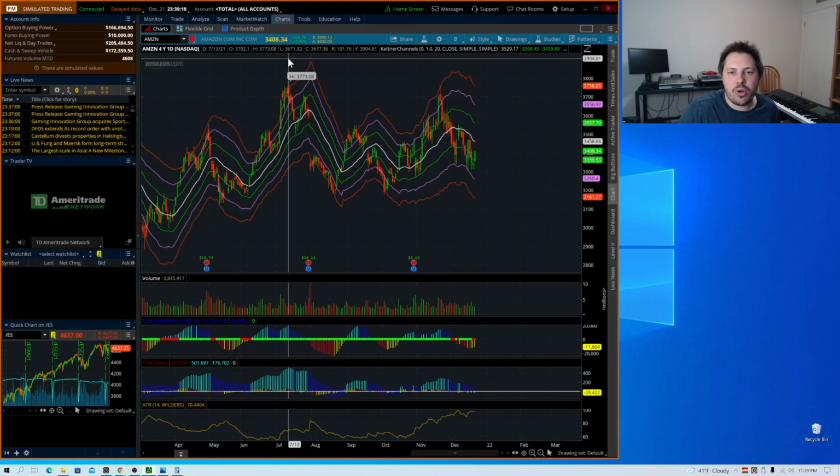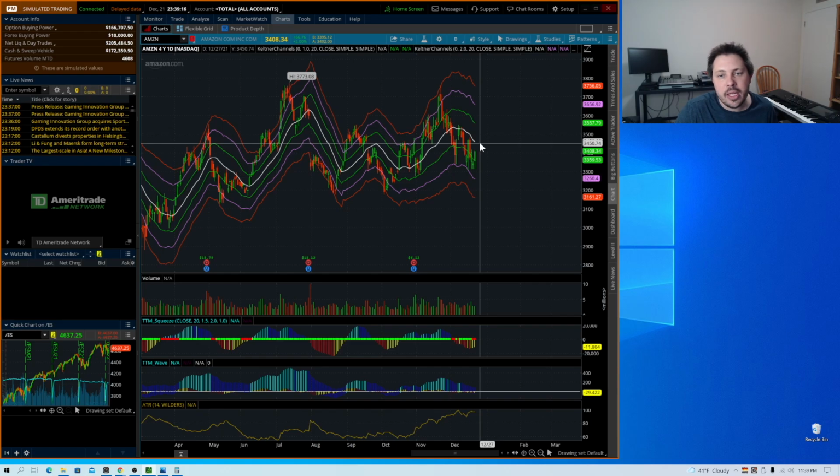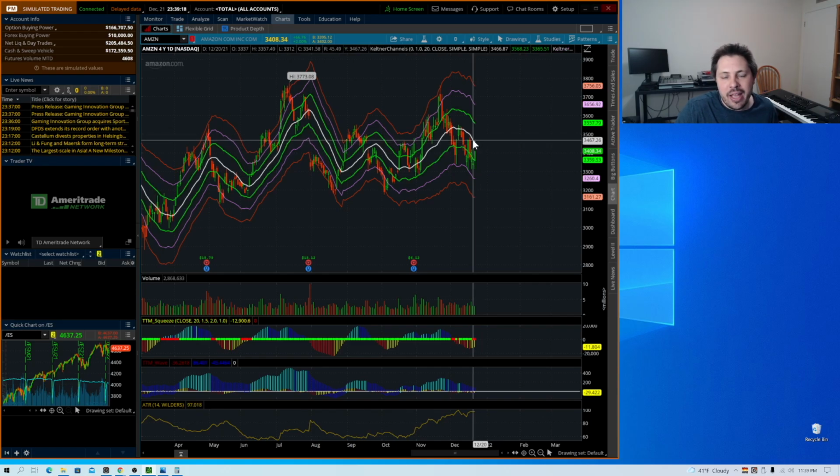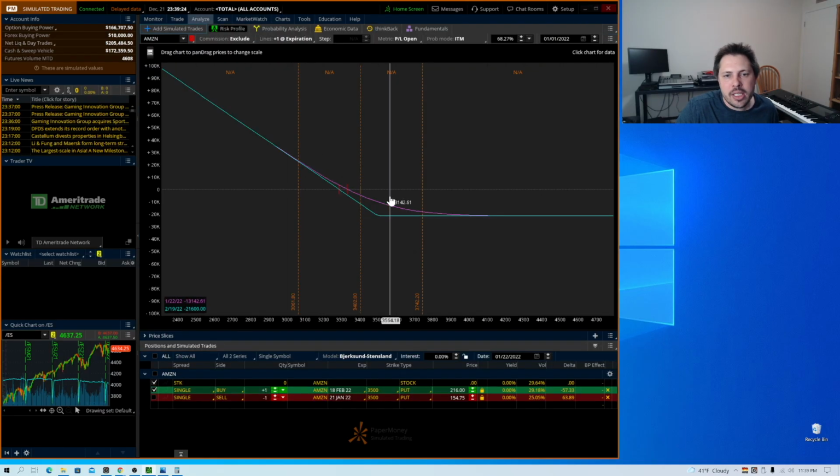If we were correct in our assumption that the short term gain on Amazon was limited, well, if Amazon turns around and tanks, this put that we have would easily be in the money, and we would not only keep the money that we got for selling that short-term put, but we would still have our long-term put.